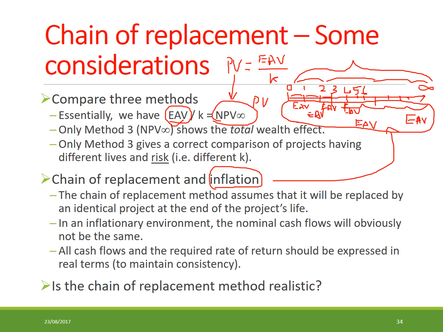Okay. So as a result, for the chain of replacement method to work properly, we tend to use real values, right? So we tend to adjust for inflation, okay, to account for the fact that in the future, when we repeat the project, the cash flows are not going to be the same.